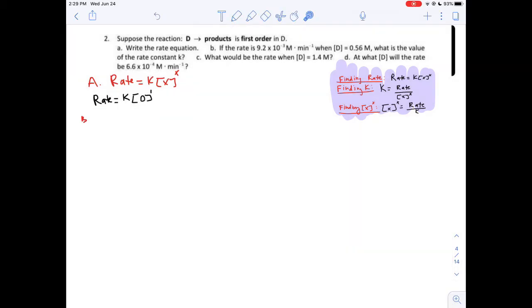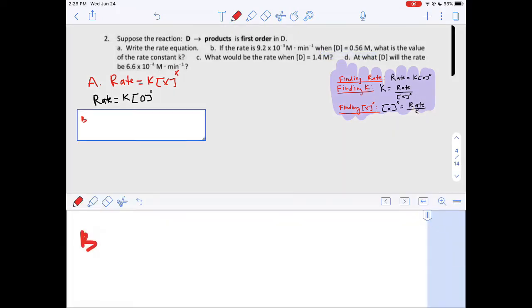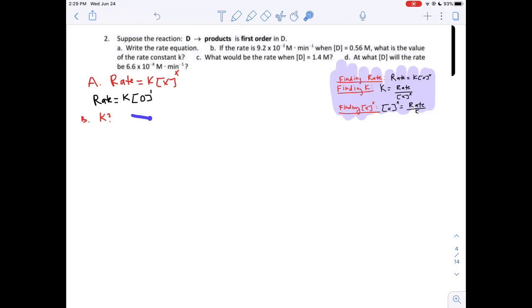Part B. If the rate is 9.2 times 10 to the negative 3, so she gives you the rate, when the concentration of D is 0.56 M, so she gives you the concentration, what is the value of the rate constant K? So your teacher's asking you to find K, and you're going to use this equation right here to do so.